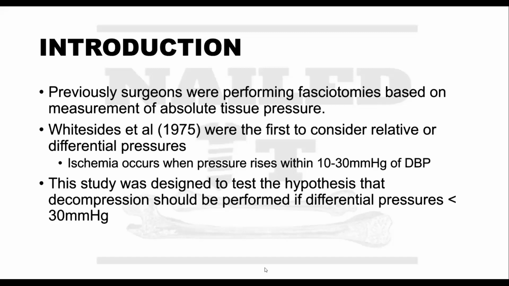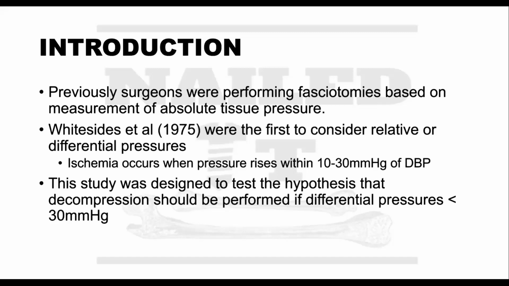So this study was designed to test that hypothesis of when decompression should be performed, whether it should be performed using differential pressures of less than 30 millimeters of mercury or using absolute pressures.